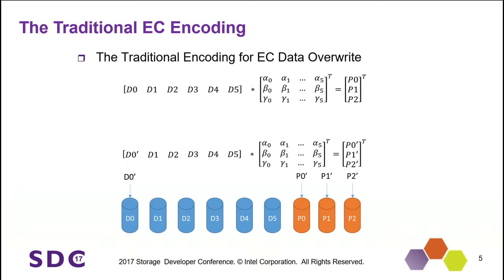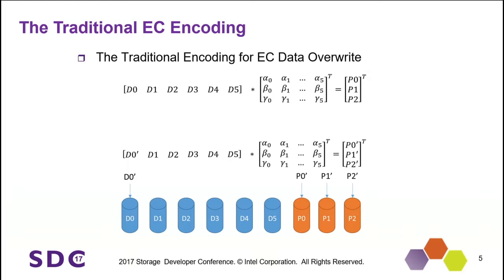In the first part of this presentation, we will use Erasure code 6+3, which has 6 source vectors and 3 parity vectors. The first formula is used when creating data, and the second formula is used to do data overwrite. And the diagram shows the status of data overwrite.